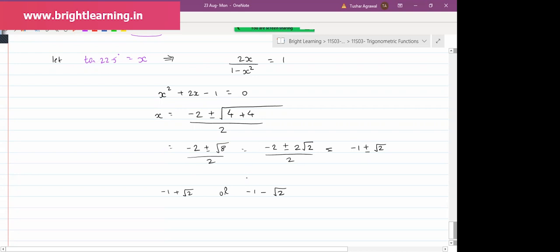So since the tan value is positive, we discard minus 1 minus root 2, that is negative. So the required answer will be x is equal to minus 1 plus root 2. Root 2 is greater than 1. Observe that minus 1 plus root 2 will be 1 point something. Okay.